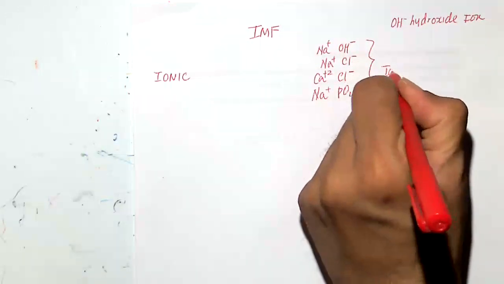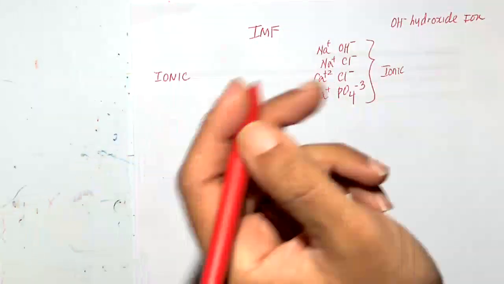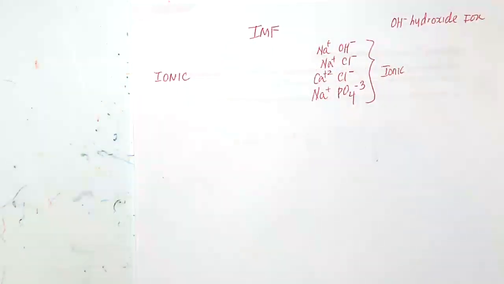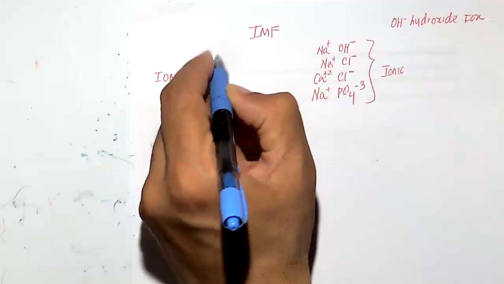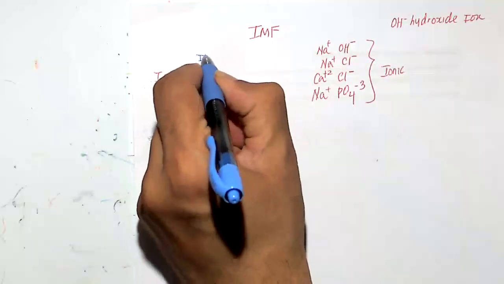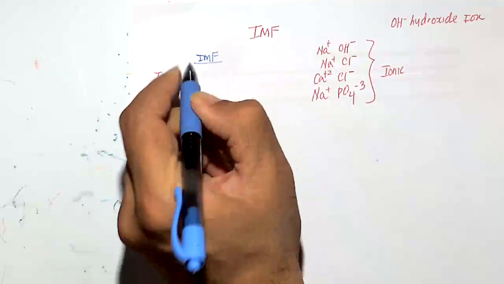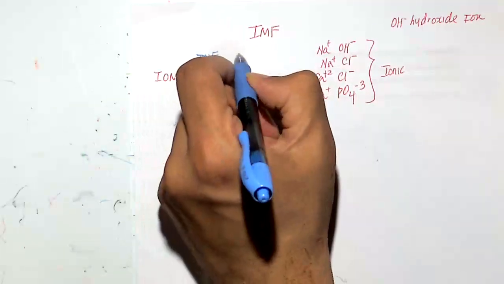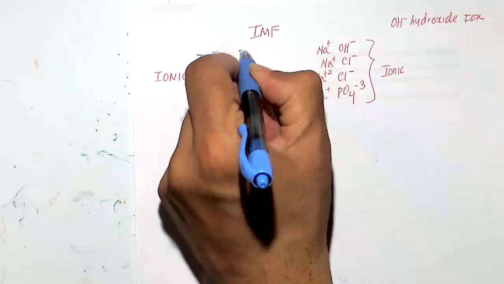So all of these are examples of ionic compounds. There's thousands more, to be honest. But these will have the strongest intermolecular force. So if they have the strongest IMF, what can we say? Well, anyways, let's just fill out this table.